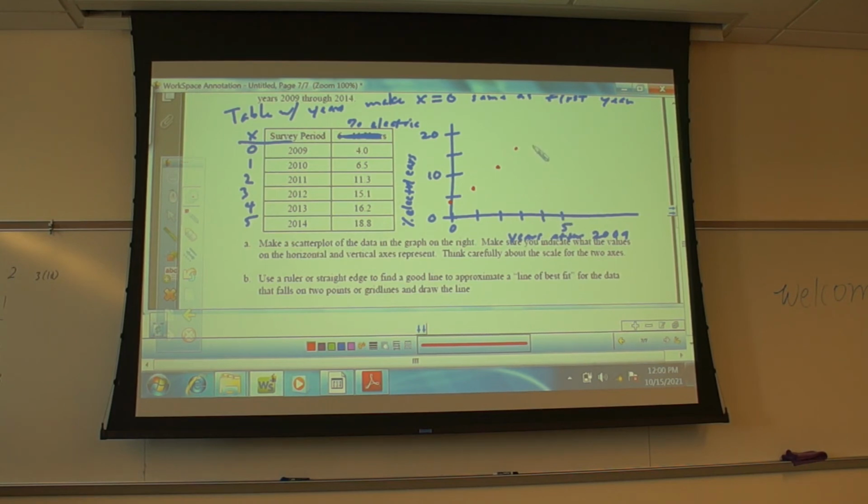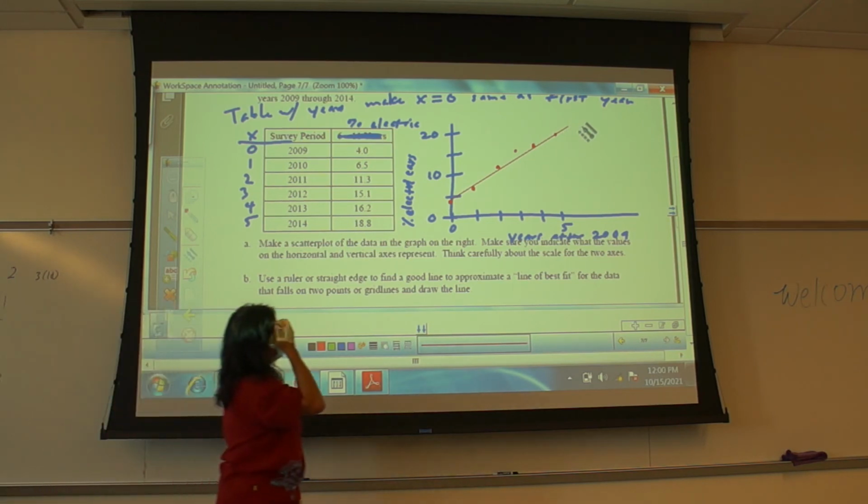It's 16 point, oh sorry, that should be here. This should probably be here, and then 18.8. And then what I'd like you guys to do is just draw a line from the first one to the last one. And that should fit reasonably well.